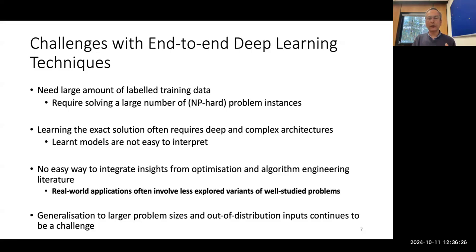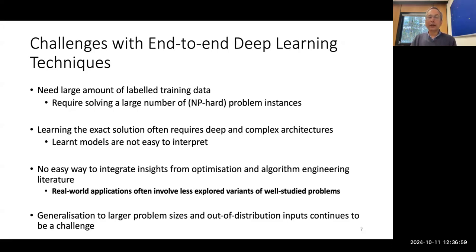But if in our application we have a new variant of a vehicle routing problem, we don't want to just throw away all the things we know about solving vehicle routing problems, because over the years we have developed a lot of algorithmic insight about what kind of features work for solving these problems. Rather than learning everything from scratch every time, we should be able to find a way to use all that knowledge.